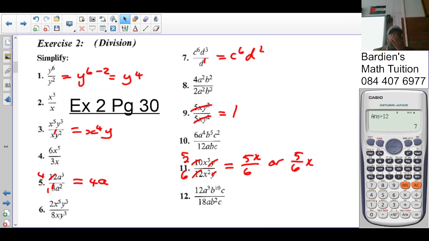Right, so now we're looking at raising a power to a higher power.